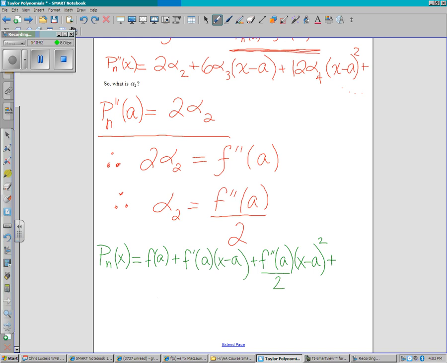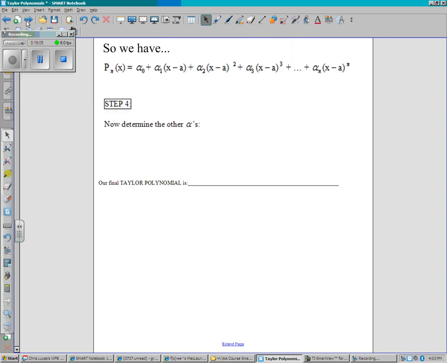So this one says agreement at the point. This one says agreement with slope. This one says agreement with concavity. And the next one is really the rate of change of concavity. I think this one will be conclusive.